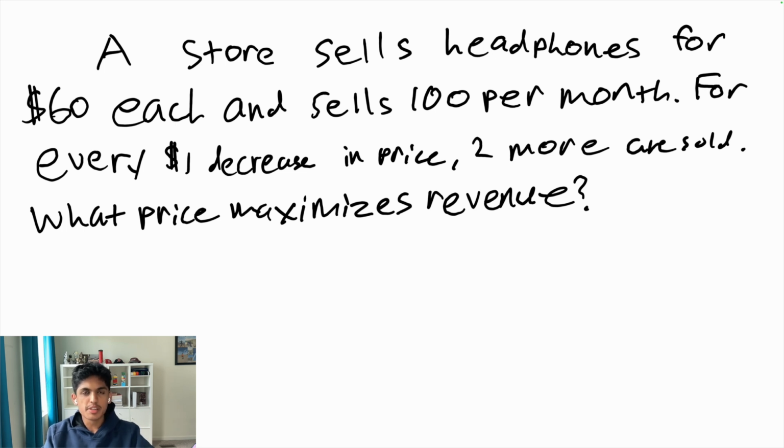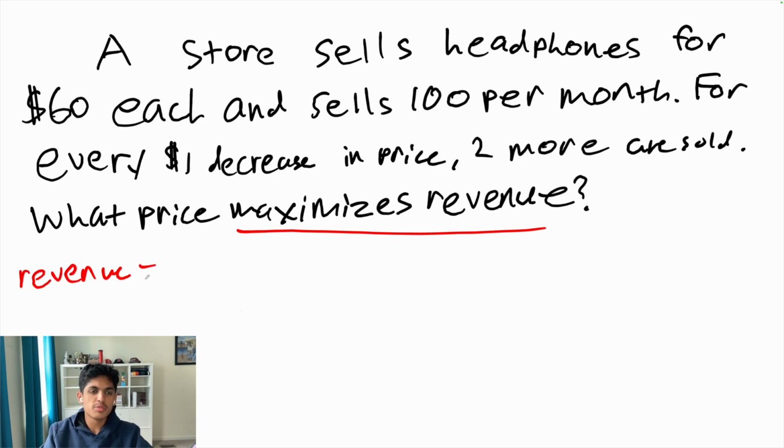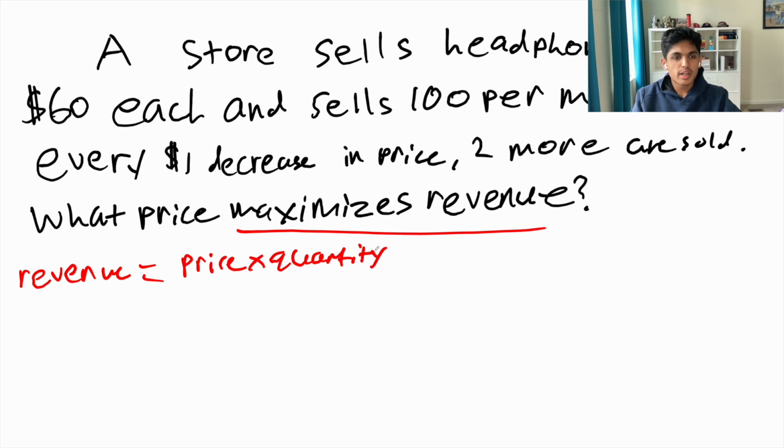Okay, so a couple things to note. One, the problem gives us information about the price and the quantity of headphones, and it asks us about revenue. And so it's important to note that revenue is indeed equal to the price of the product times the quantity sold. Okay, and so now we are given information about $1 decreases in the price. So just for simplicity's sake, we're going to set x equal to every $1 decrease.